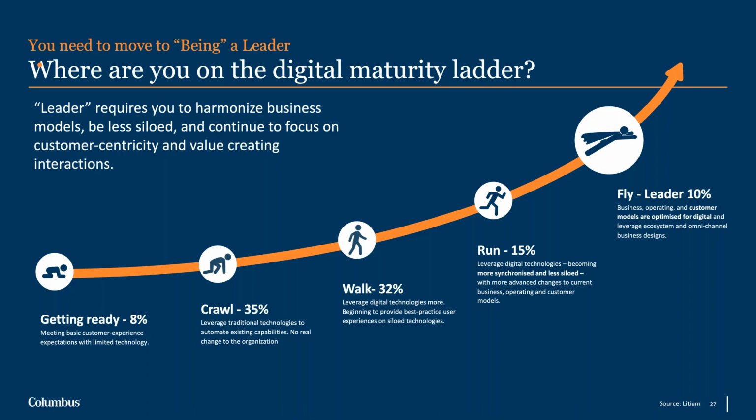And Litium has a recent report regarding the maturity ladder, and the report states that a whopping 76% are in the initial 3 phases of their digital journey, which means that you only deliver a very basic customer experience and maybe operate mainly locally. To take the next step, you have to identify where you are today and what kind of initiatives you have to take to move on that ladder.